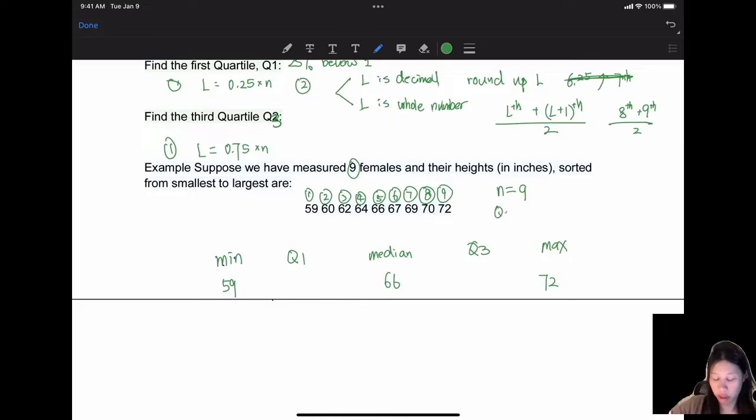So first quartile. Remember, we need to find the locator for the first quartile. L equals 25% times 9, so we will know how many data are below 25%. Let me calculate that very quick.